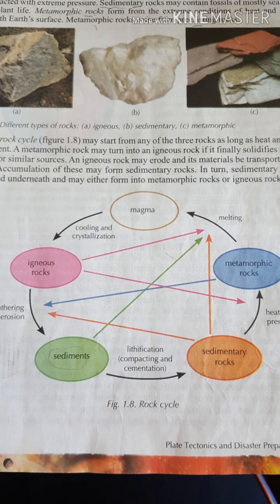Now, what is the so-called rock cycle? Rock cycle, we never know where it actually started, as it is called a cycle, whether it is from igneous, sedimentary, or metamorphic. But if we're talking about the rock cycle, it is the process wherein it starts from the magma.